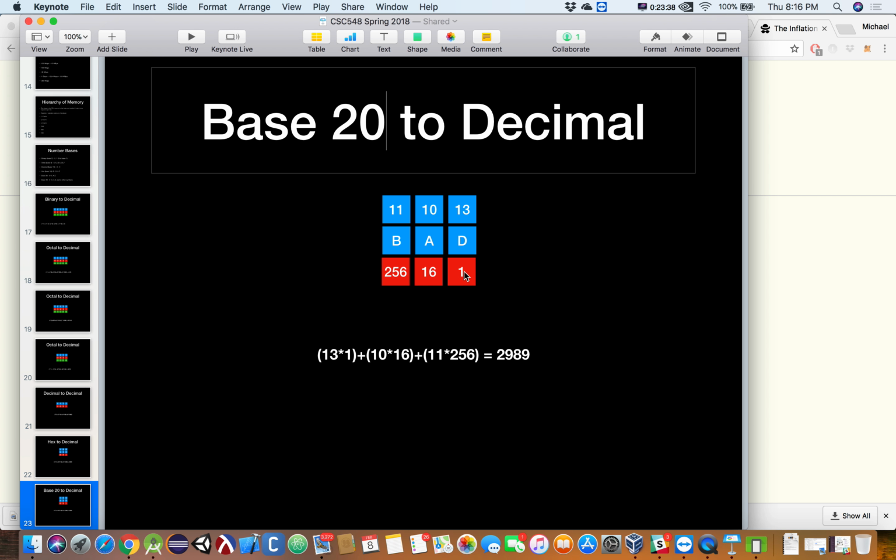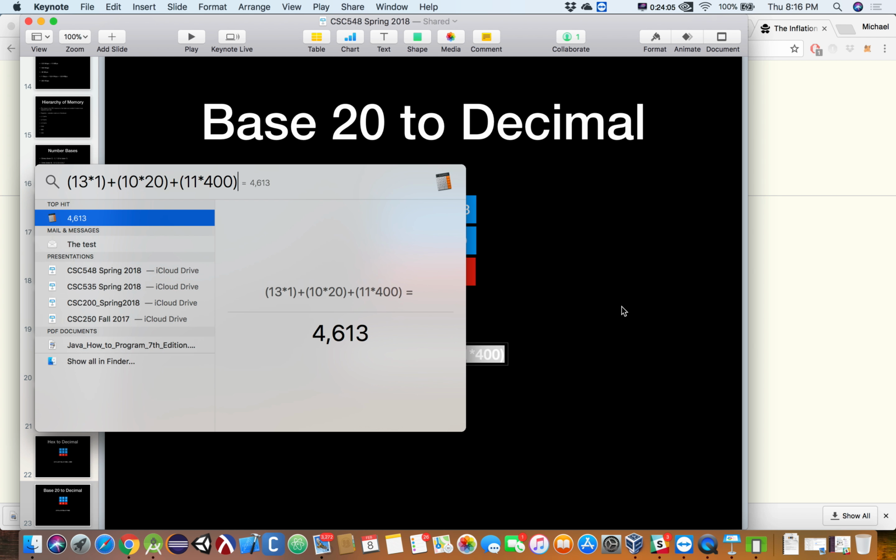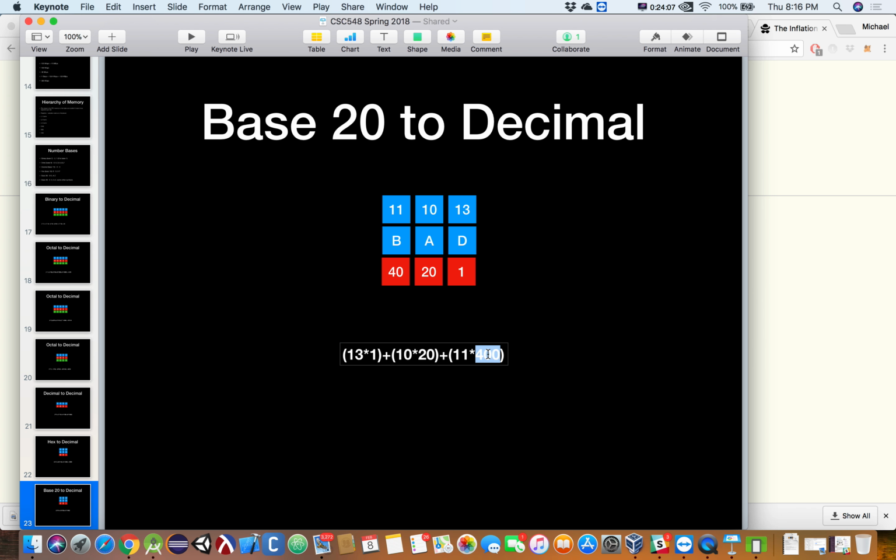But what's going to change here is this is the ones place, this is the 20s place, this is the 400s place. Right? So this is 13 times 1 plus 10 times 20 plus 11 times 400. That's 4613.